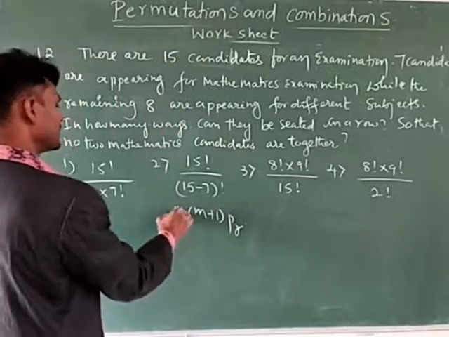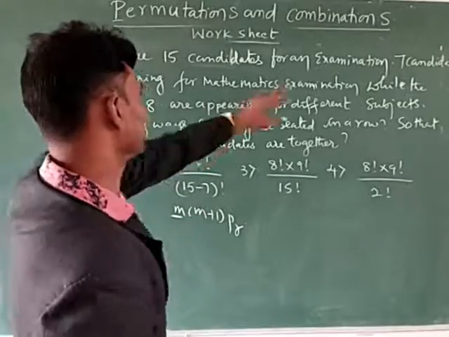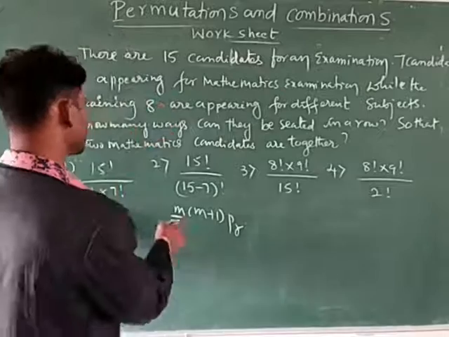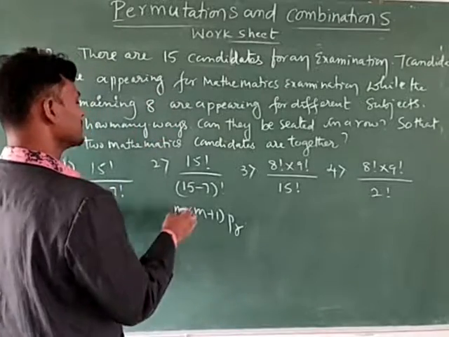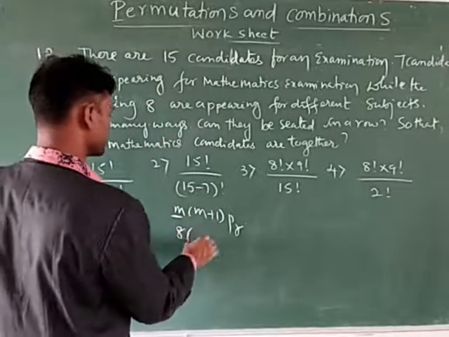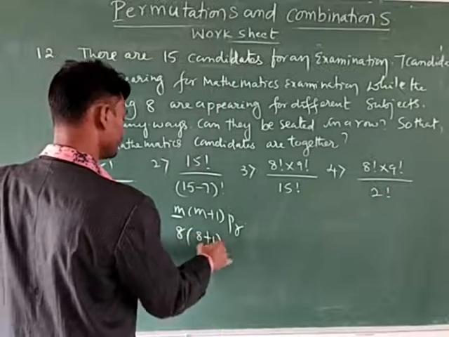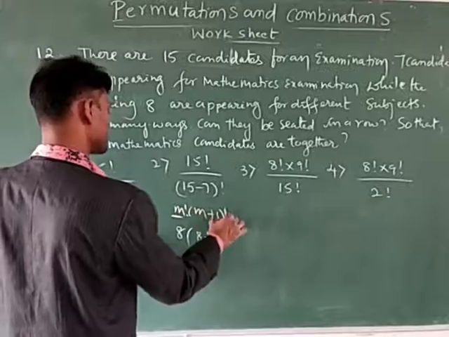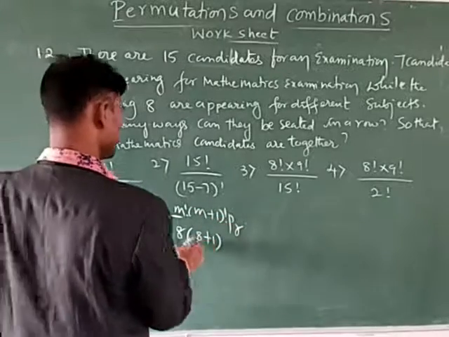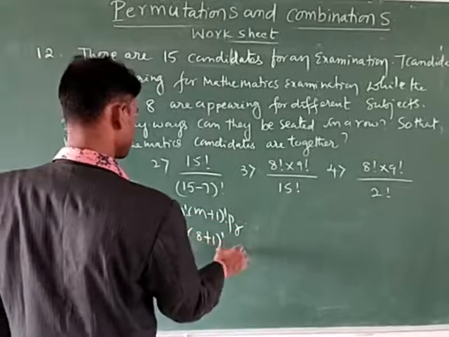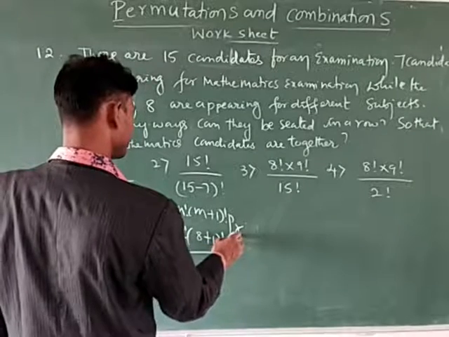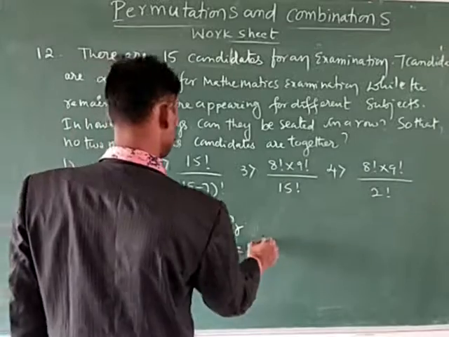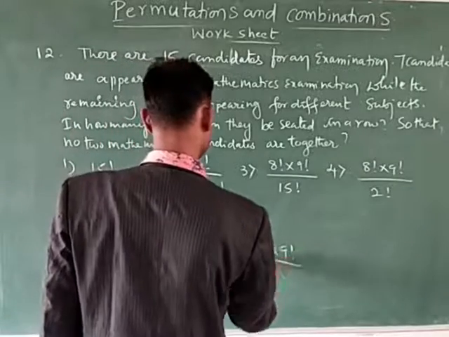How many members are appearing for mathematics? 7 members. The remaining members are 8. Those 8 members we have to seat in between the 7 members. Here 8 factorial into (8 plus 1) PR, that is m factorial into (m plus 1) PR. Then it is divided by 2 factorial, as 2 members are also not sitting together. Then 8 factorial into 9 factorial by 2 factorial.